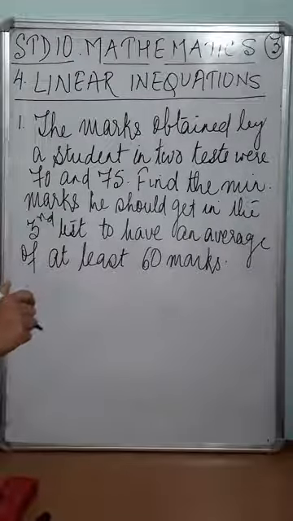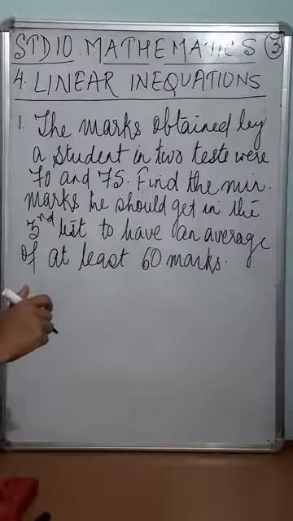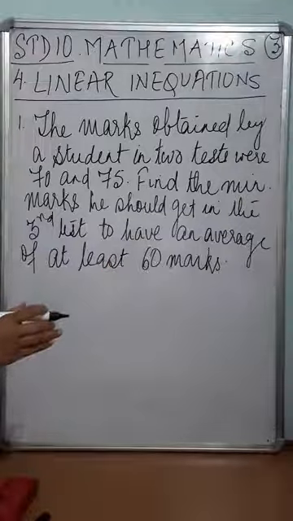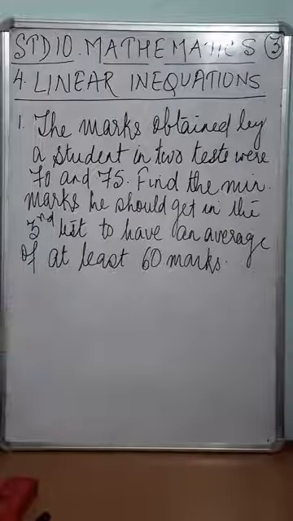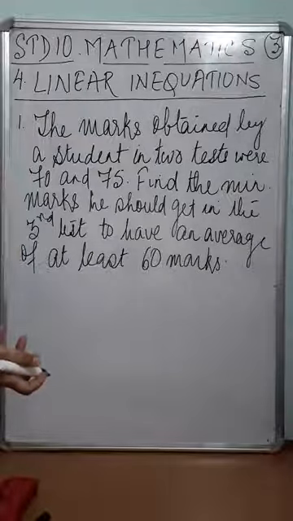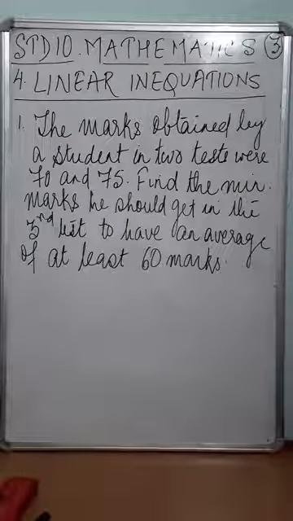That means it should be less than or equal to 30. If you increase that speed limit, you will be fined for it. This is one example which I gave you. Everywhere you can observe such things.